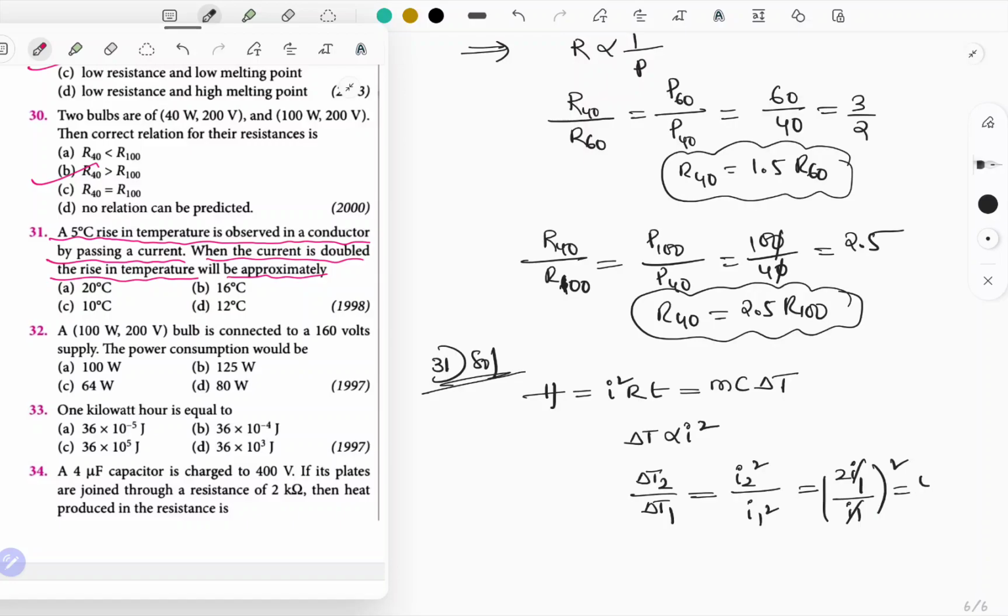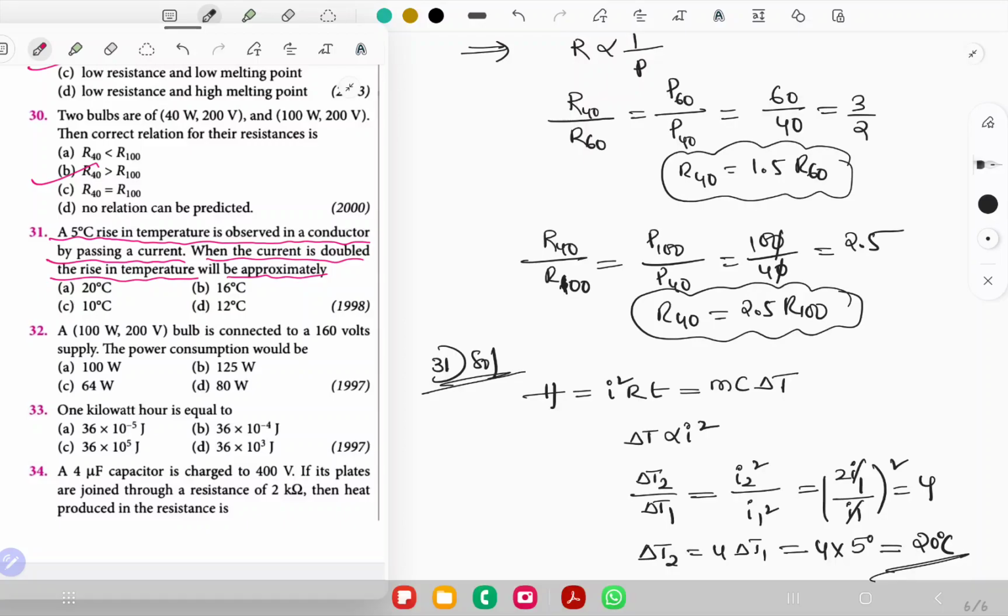I1 will get cancelled. It is going to be 4 times. So delta T2 is equal to 4 times delta T1, which is equal to 4 into 5 degrees Celsius, which is equal to 20 degrees Celsius change in temperature. Rise in temperature will occur. Option A is the correct answer for question number 31.